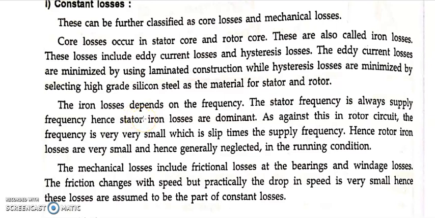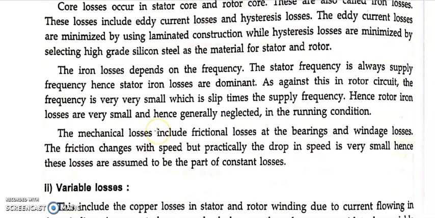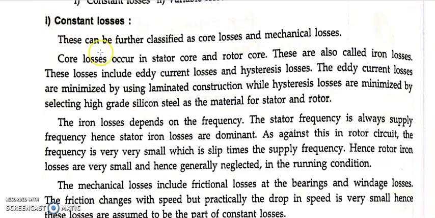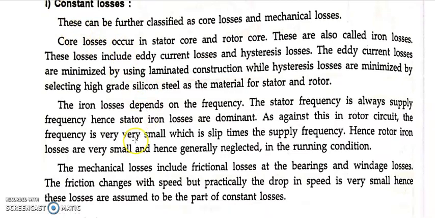And how to reduce eddy current losses? Eddy current losses can be reduced by making thin laminations in the stator. In this way we can reduce hysteresis losses as well as eddy current losses, and totally the constant losses can be reduced.